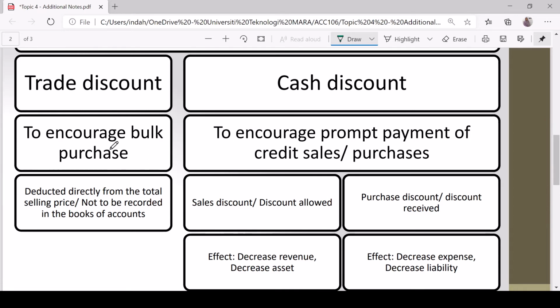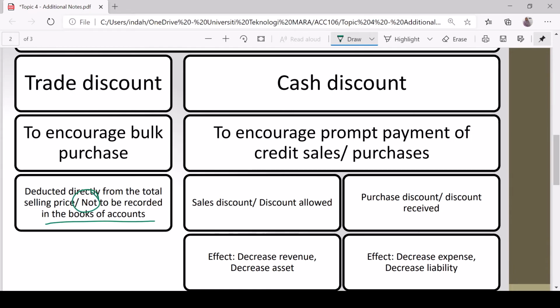It is already deducted from the total selling price, and hence, trade discount is not to be recorded in the books of accounts, because you receive the discount on the spot.